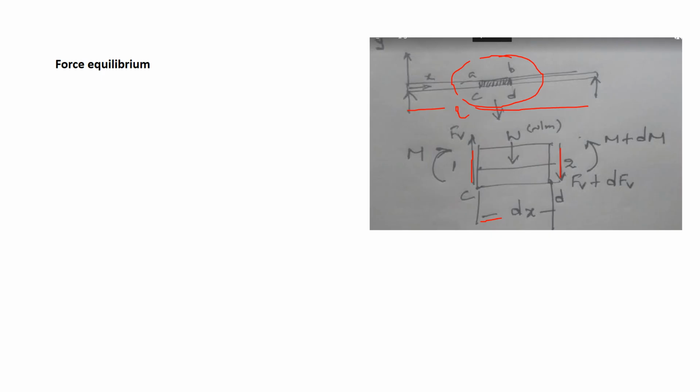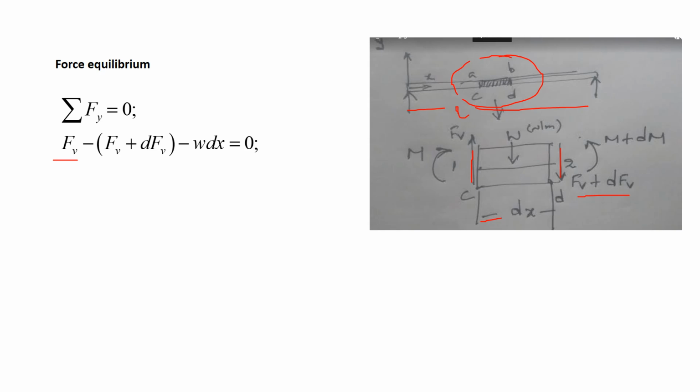Under equilibrium equations, the vertical forces are equal to 0. Sigma Fy is equal to 0. So what are the vertical forces? Fv on this side, and here Fv plus dFv, and minus w into dx, the downward force because this UDL load is converted into a point load.